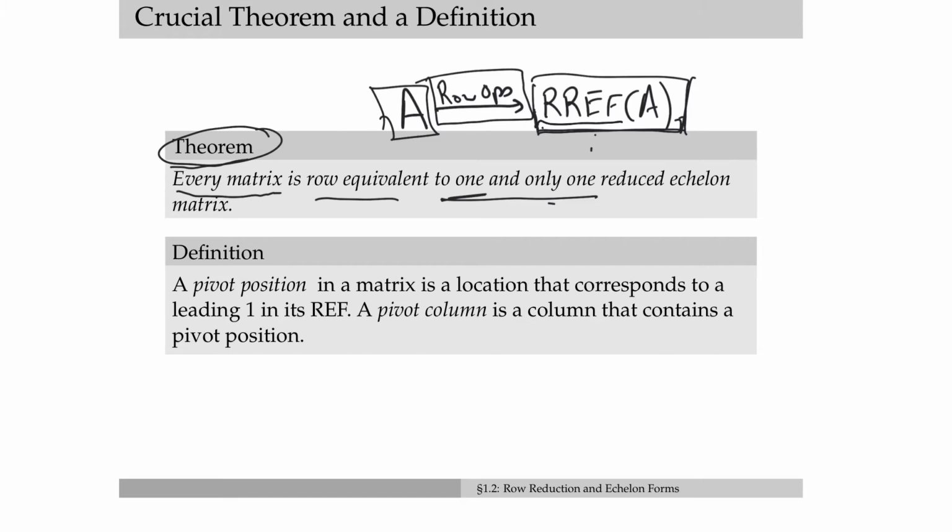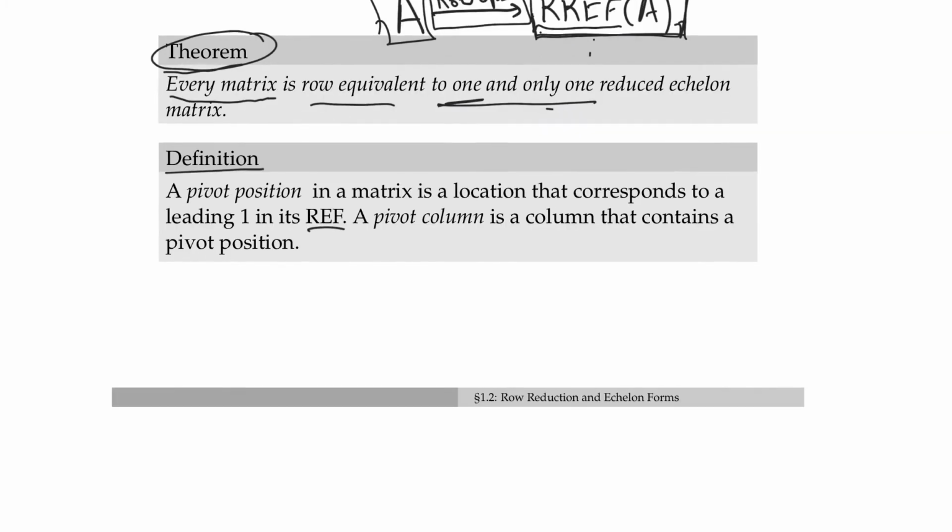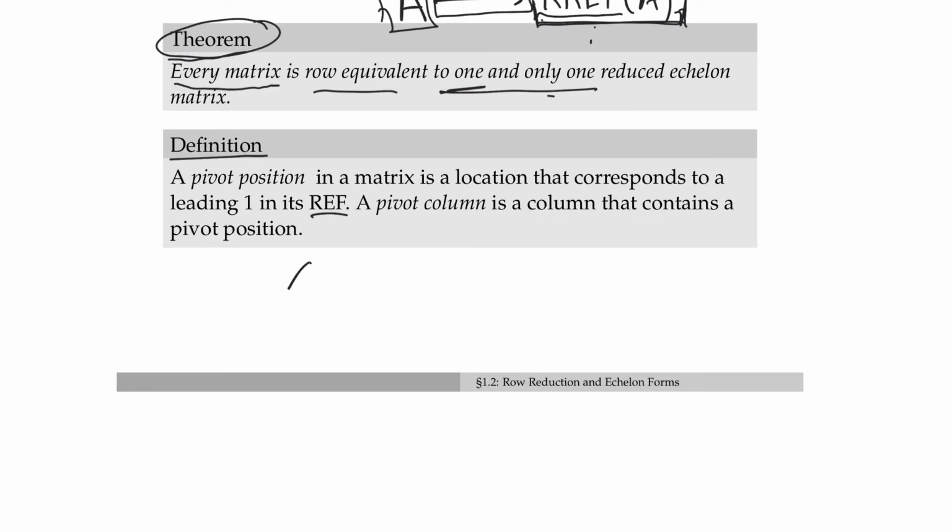All right. Definition. A pivot position in a matrix is a location that corresponds to a leading one in its reduced row echelon form or row echelon form. A pivot column is a column that contains a pivot position. All right. These leading entries, so like 1, 0, 2, 0, 1, 0, 0, 0, 0, 1, 2, 0.